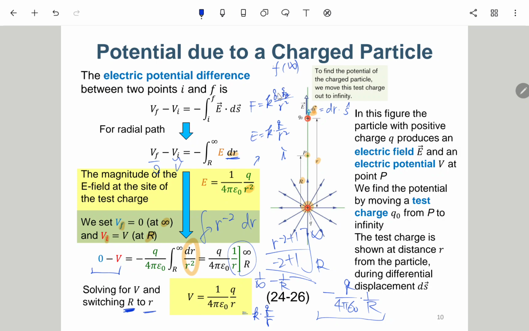So sometimes there are two charges in the numerator and r squared in the denominator, sometimes one charge with r squared, and then one charge with r. Later on we also have the potential energy, which will be k times q1 q2 over r. So we have all four combinations. Anyway, this is the potential due to a charged particle.